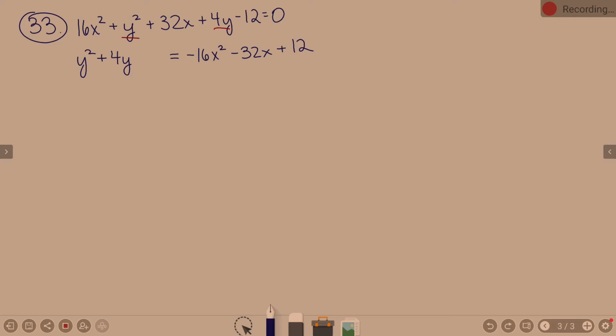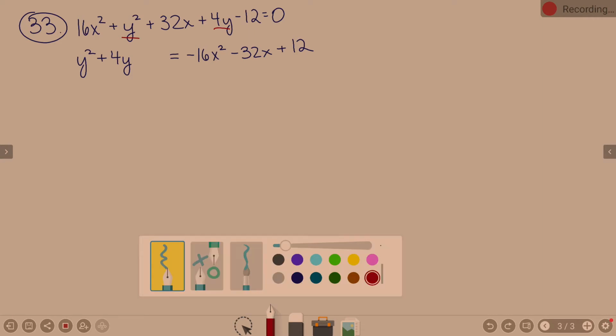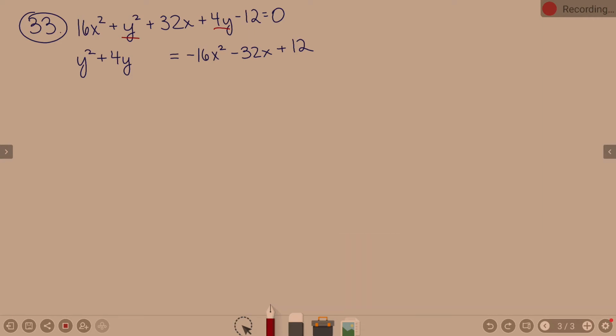Okay, how do we complete the square? If I have y squared plus 4y, one thing good to notice is that I have 1y squared already, don't I? If I have 1y squared, we're already in that form. We don't have to divide anybody or factor anything out.